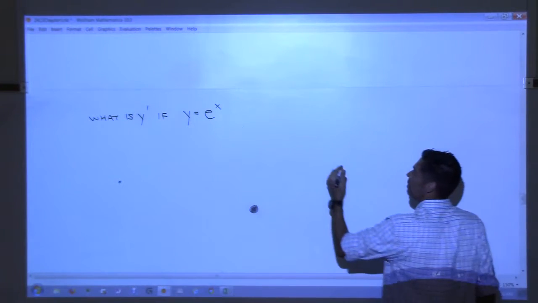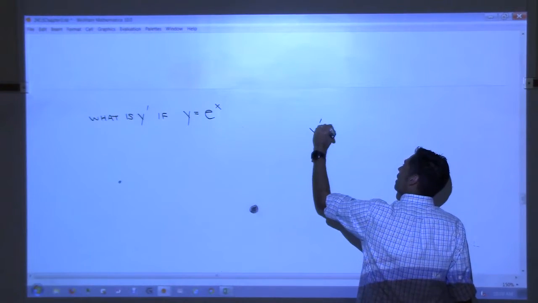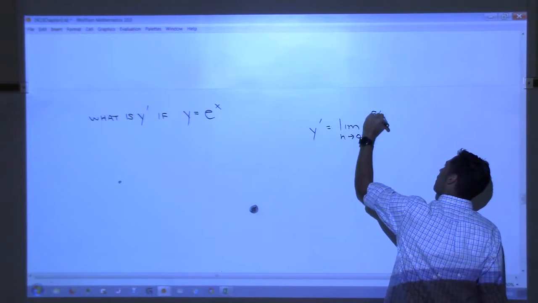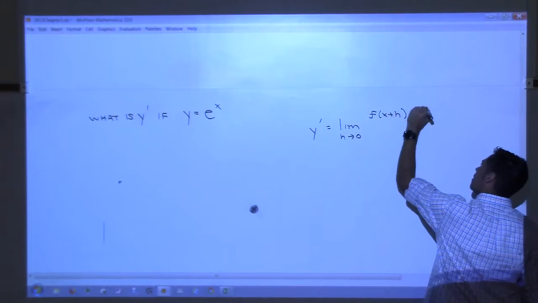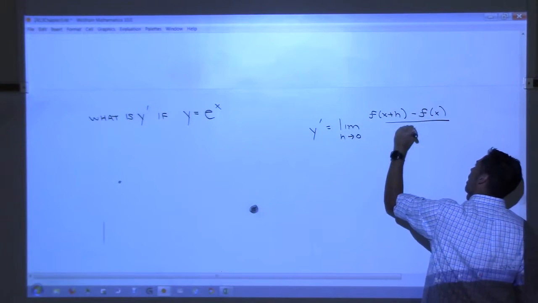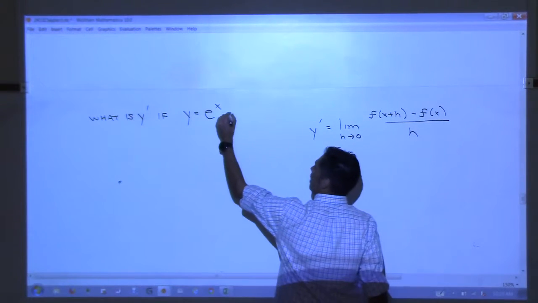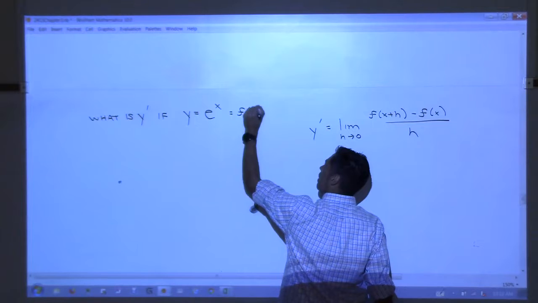Do you remember the limit definition? It's the limit as h goes to 0, f of x plus h minus f of x all over h. Remember that? Our function here is e to the x, isn't it?